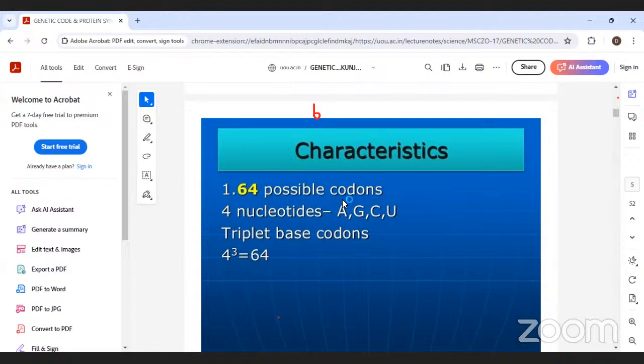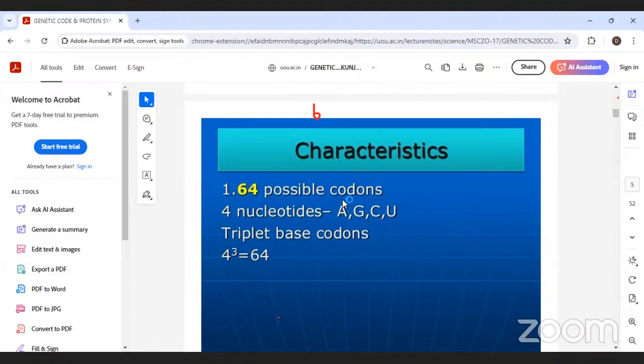The first major breakthrough in the study of the triplet dictionary came in 1961 when, at the 5th International Congress of Biochemistry in Moscow, a young biochemist from the National Institute of Health, Marshall Nirenberg, reported an experiment on protein synthesis in in vitro conditions.